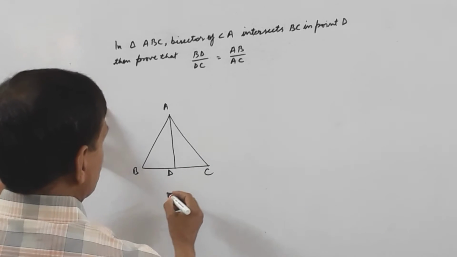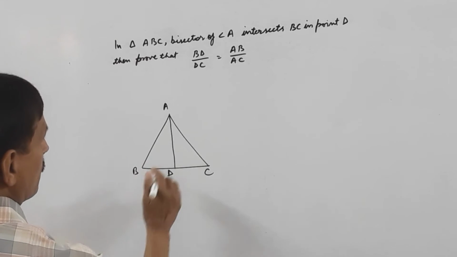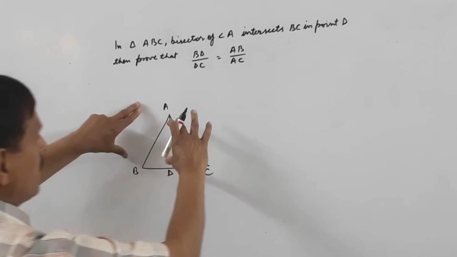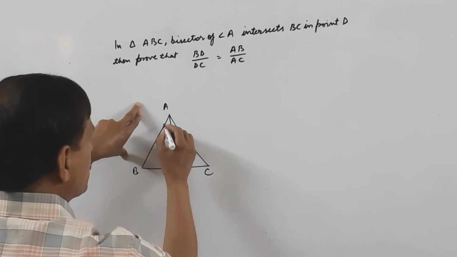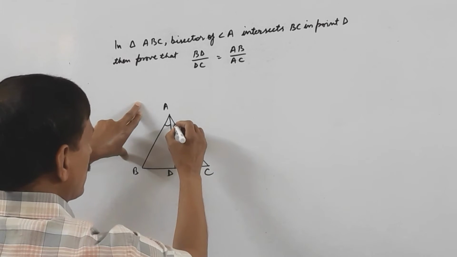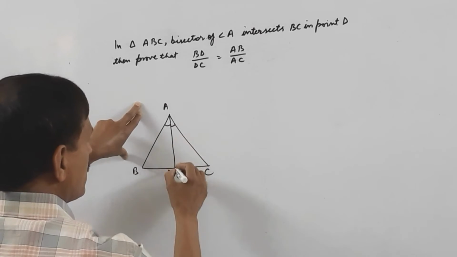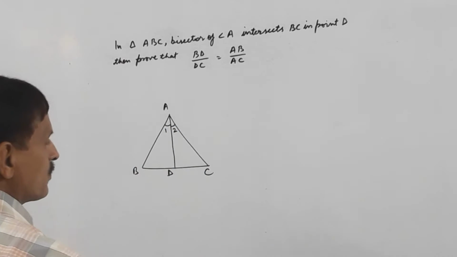We take construction. So you are given a triangle ABC and AD is the bisector of angle A. So angle BAD is equal to angle CAD. So we can say angle 1 is equal to angle 2.